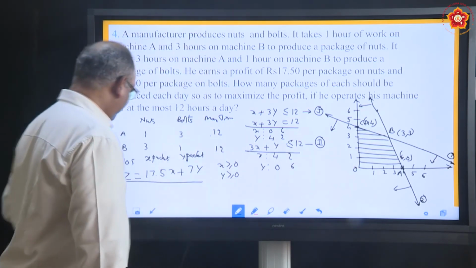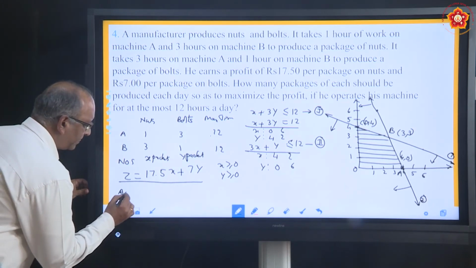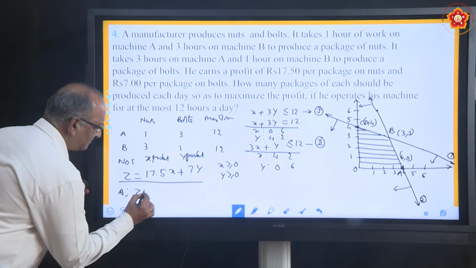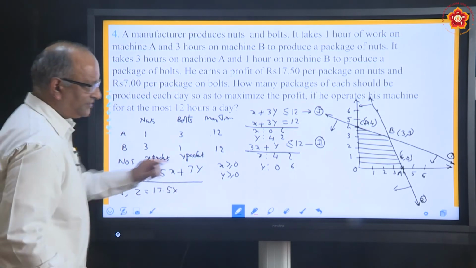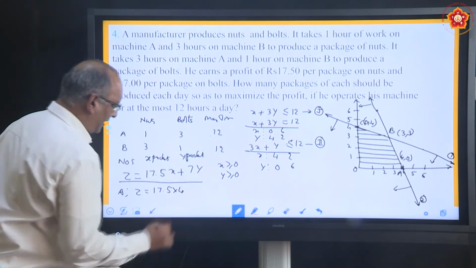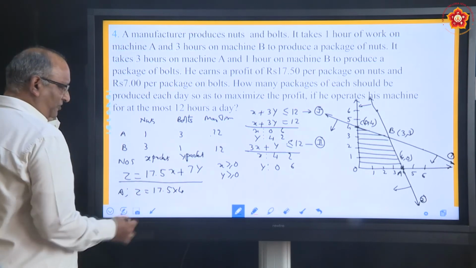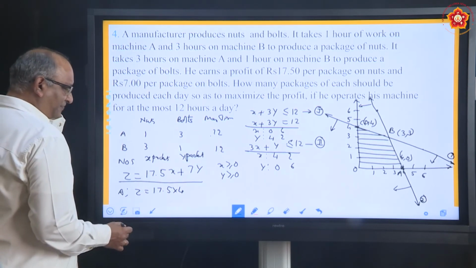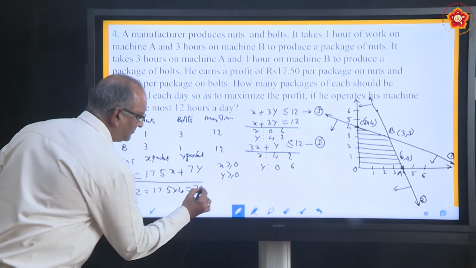Substitute A. If you substitute A, what is Z? It is 17.5 into how much is x? It is 4. And 7 into 0, so no need to substitute. 17.5 times 4 is 68, and 2. This will give you 70 rupees.